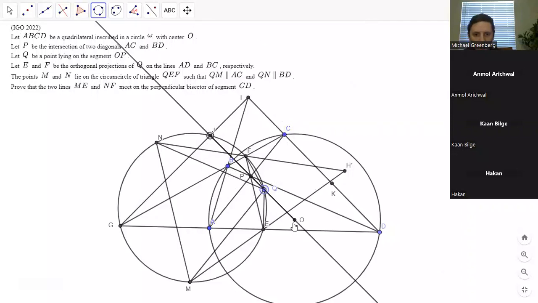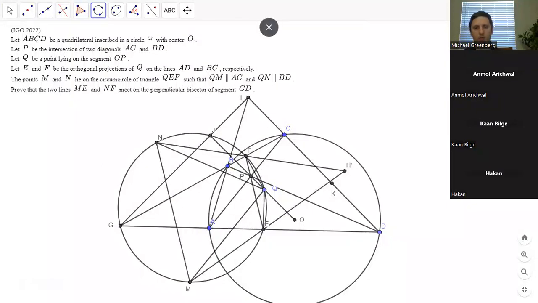I'm not sure. Maybe we can reverse engineer this problem somehow. So you have to use this parallel. So we know angle NQM is angle CPD.